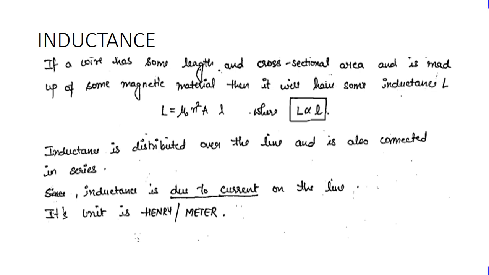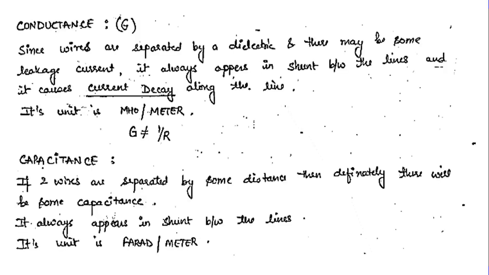The inductance is always distributed over the complete transmission line and it is in series. Inductance is because of the current flowing through the transmission line, and per unit length it will have the unit of Henry per meter. So all these characteristics R, L, G and C will be per unit length characteristics only.